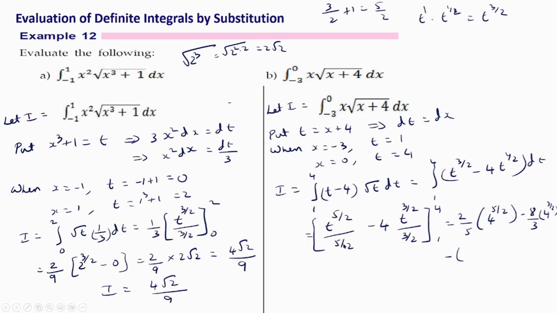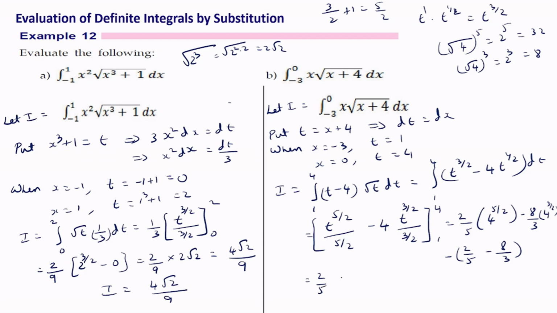So it is 1 by 5 by 2, which is 2 by 5, minus here 4 into 1 by 3 by 2, so it is 8 by 3. Here we have 4 raised to 5 by 2. It is root 4 the whole raised to 5, so it is 2 raised to 5, which is 32. And here we have 4 raised to 3 by 2, which is root 4 the whole cube, which is 2 cube, 8.